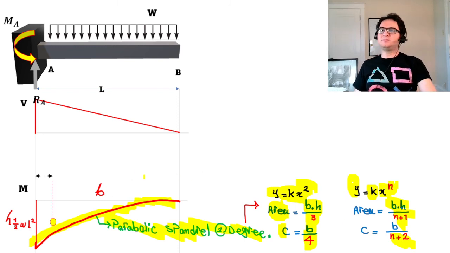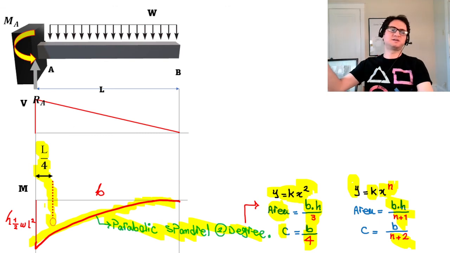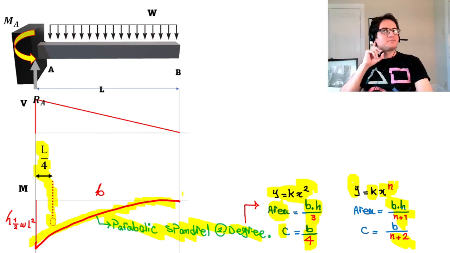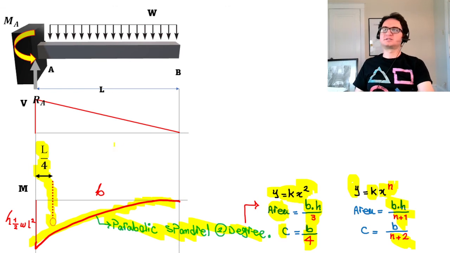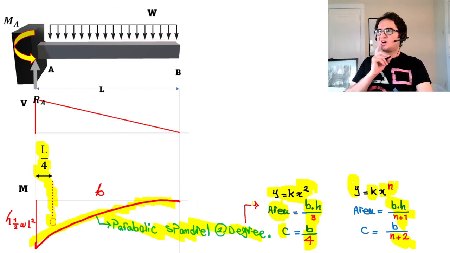So with n equal to 2, 2 plus 2 is 4, so L over 4 is the distance of the centroid to the closer support. Definitely the other part is 3/4. And if it was higher, you can go with the higher degree.